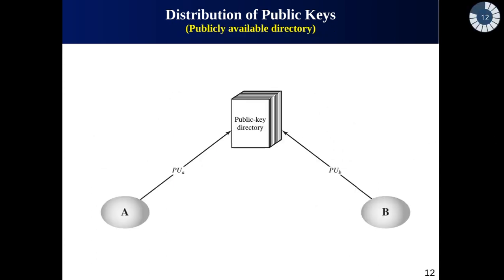The second approach is, why not have a publicly available directory of public keys. By using this approach, a greater degree of security can be achieved by maintaining a publicly available dynamic directory of public keys, more secure than the individual public announcement, as we just saw on the previous slide.